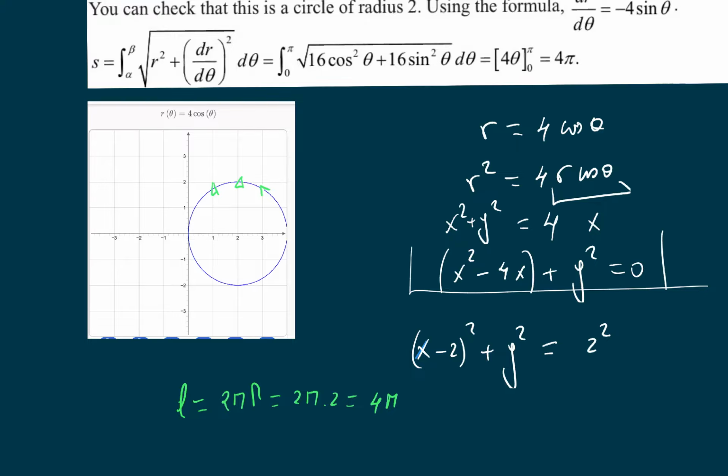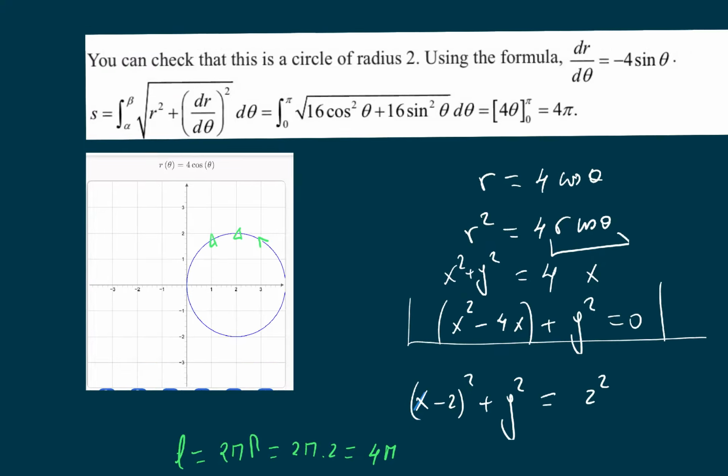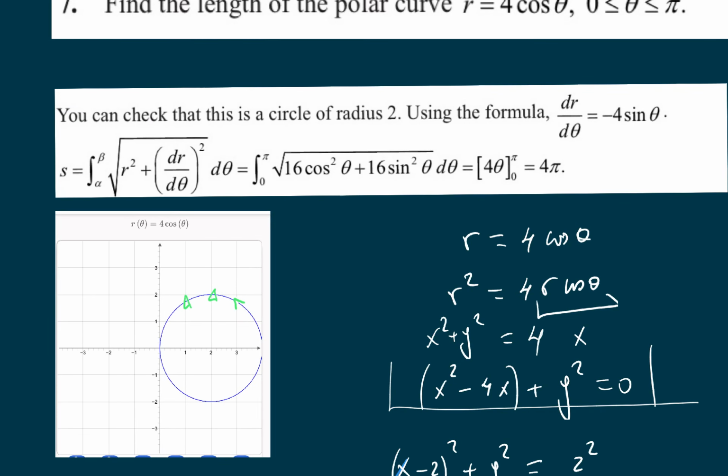You can check that, r of theta is 4 cosine of theta, so r squared is 16 cosine squared of theta, and the derivative of r with respect to theta is minus 4 sine of theta. Plugging this into the equation, you will find 16 sine squared of theta. So taking common factor 16, it will be 16 that multiplies sine squared of theta plus cosine squared of theta, which is 1. So the square root of 16 is 4.